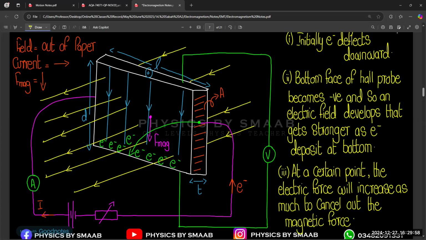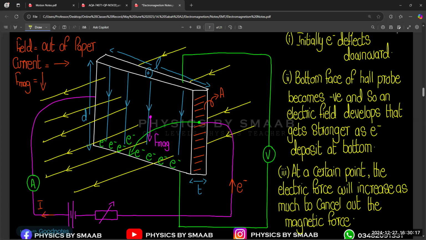So basically, now you can understand the concept of what is happening. Electrons are moving in the downward direction. So we are getting more and more electrons as compared to the initial state, right? And when we are getting more electrons, it will give you a stronger electric field, right?